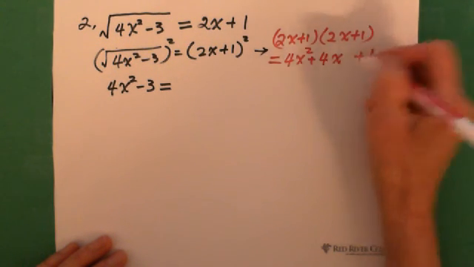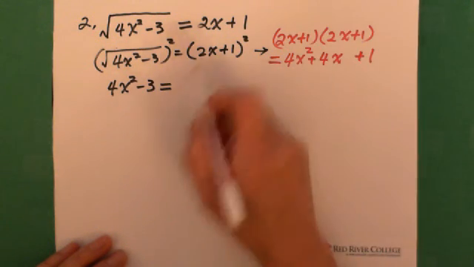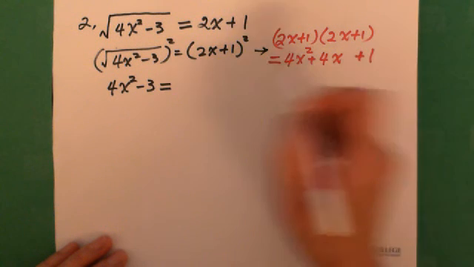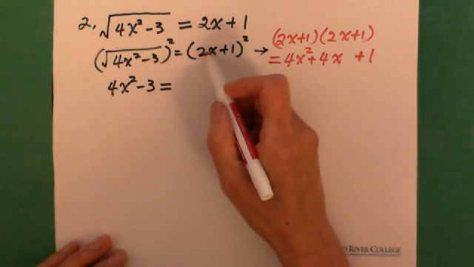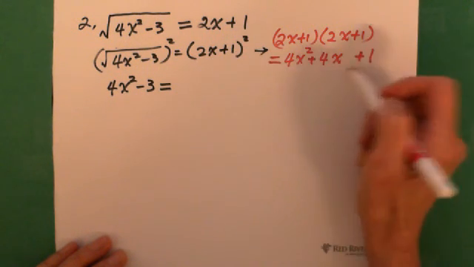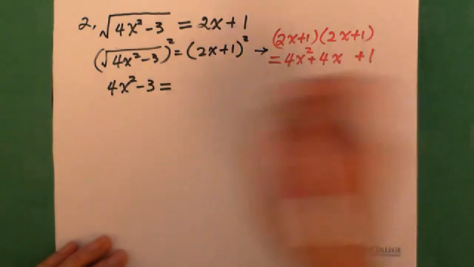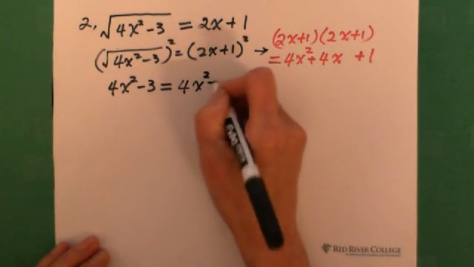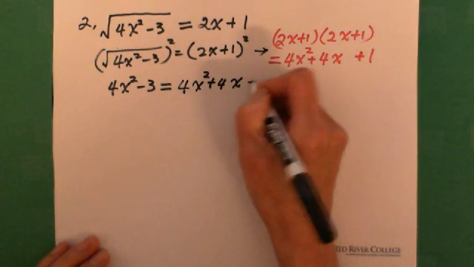So this is the shortcut formula. Square the first number, square the second number, and the middle term is 2 times the product of the two numbers, which is 4x. So you have 4x squared plus 4x plus 1.